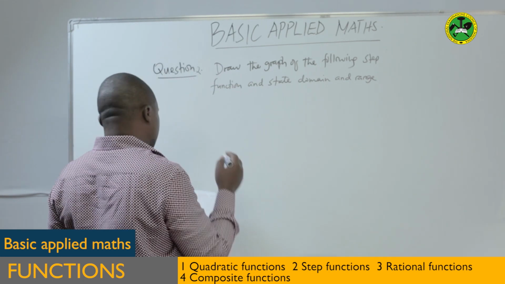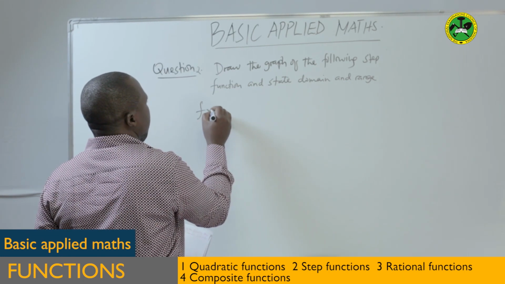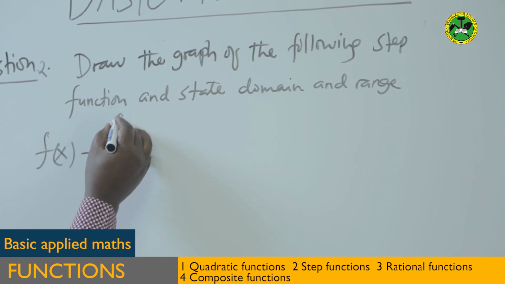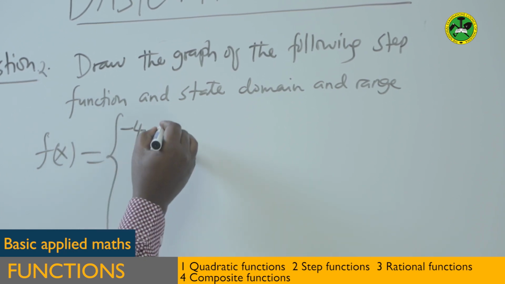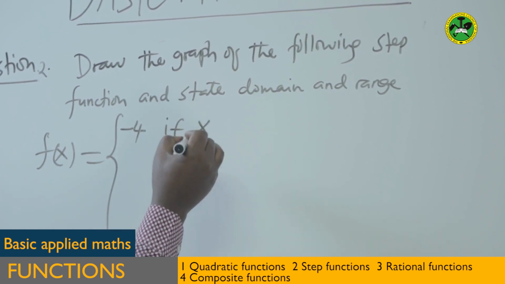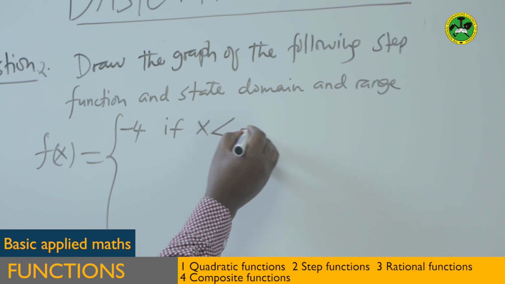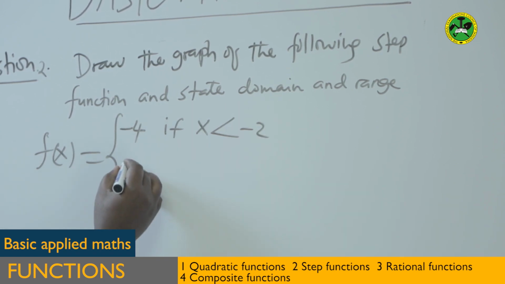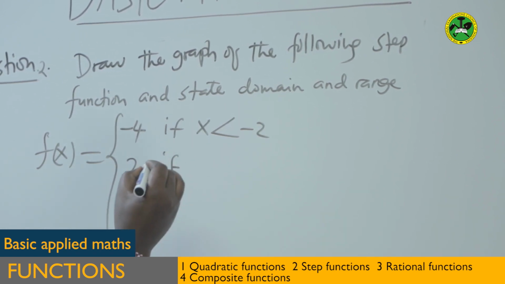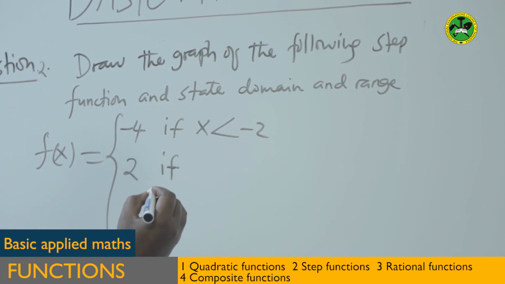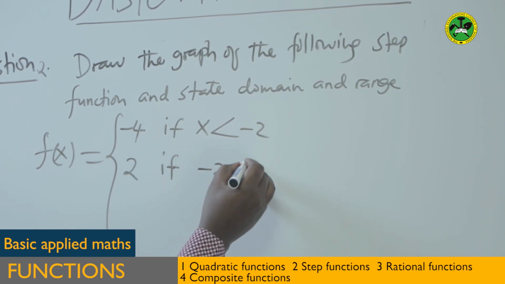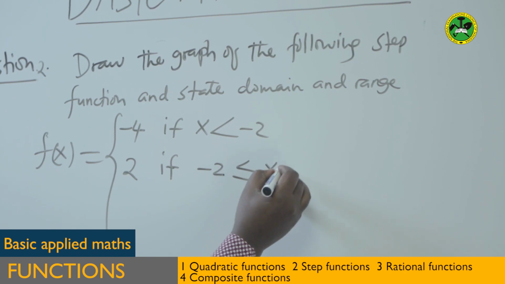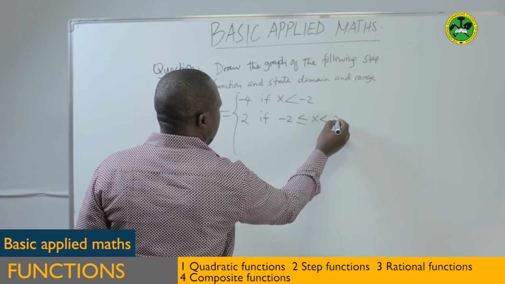and range. So the step function says f of x is given by -4 if x is less than -2, but again we have 2 if -2 is less than or equal to x less than 3.